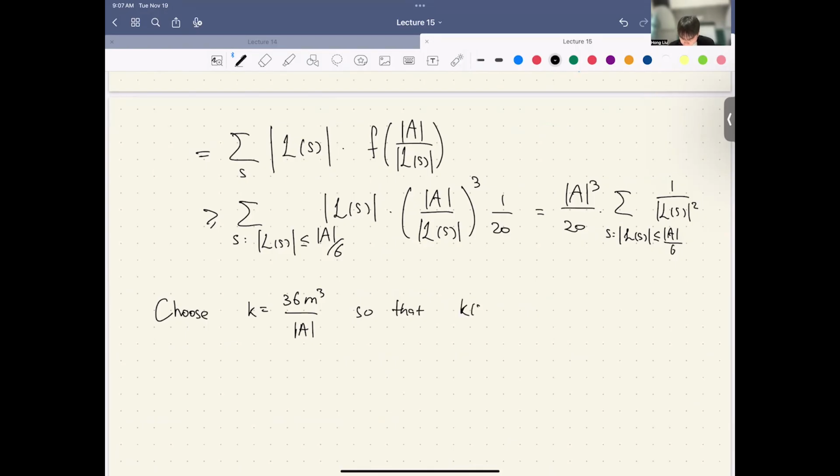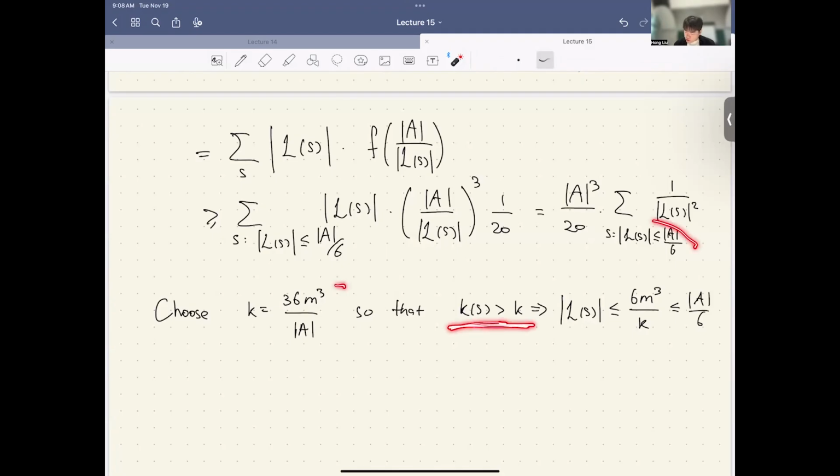If the size of this direction, the largest intersection size of a line in direction S, is bigger than this chosen K, we get that the number of lines in direction S is at most one of the previous things that we proved. If the size is K, then the number of lines in direction S is at most M cubed over K. This is what we observed earlier. By the choice of K, this is less than A over 6. So this choice of direction satisfies the requirement of this summation.